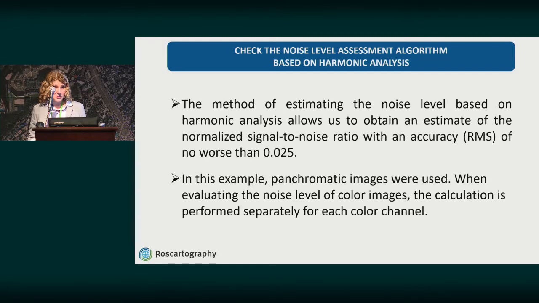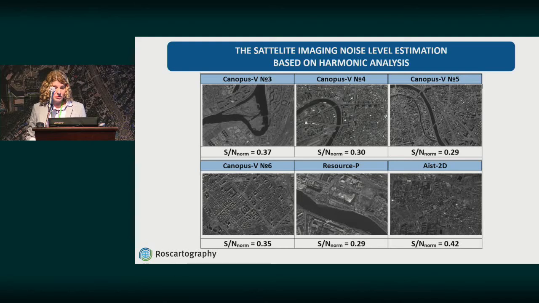In this example, we used panchromatic images. To determine the colored image, similar calculations are run for each spectral component: blue, red, and green. These are some practical examples based on harmonic analysis.